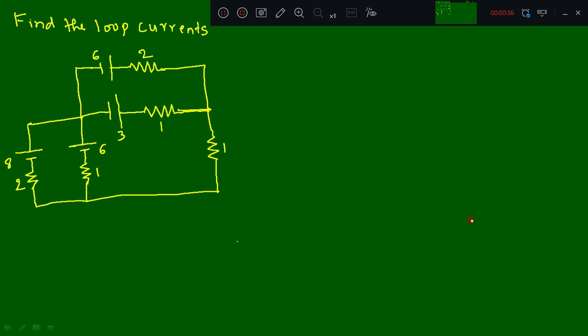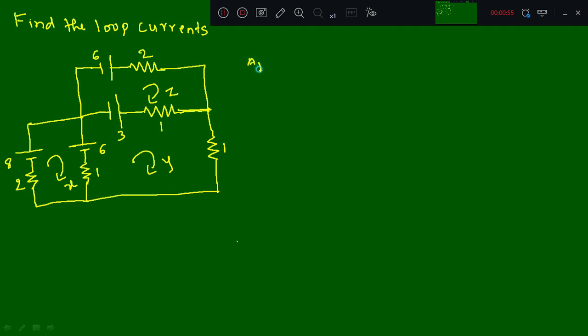Here is the loop current x, here the loop current y, and here the loop current z.